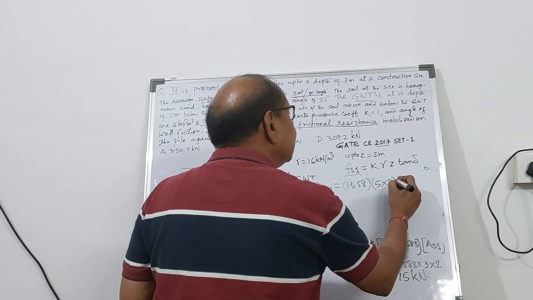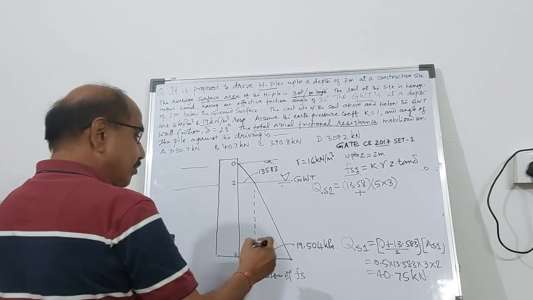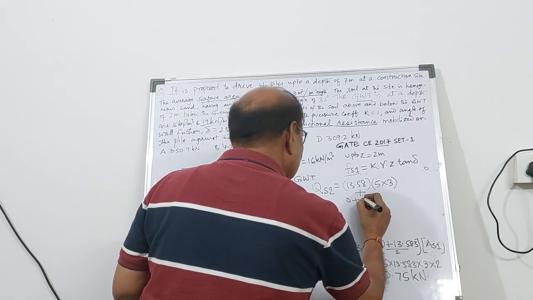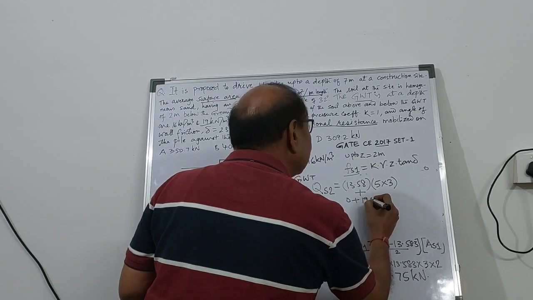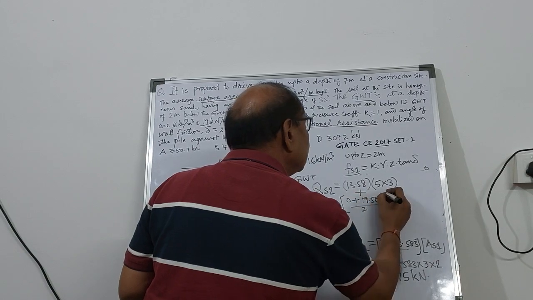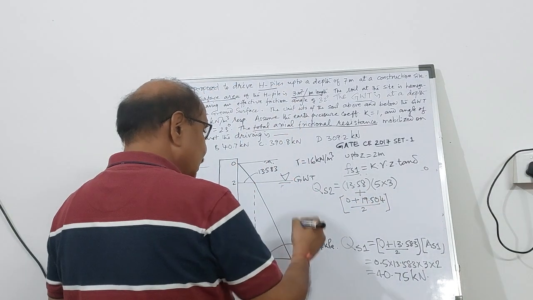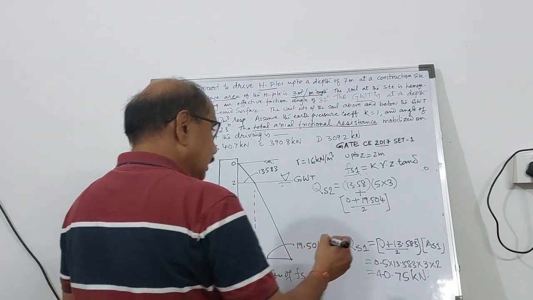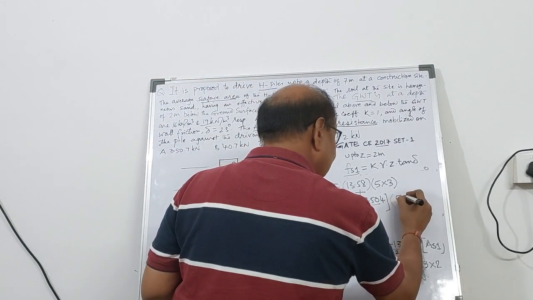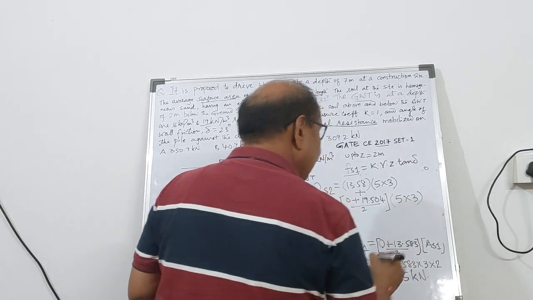Plus, due to the triangular variation, 0 plus 19.504 divided by 2, half into base into height, where the height is 5, and the area will be into 3.